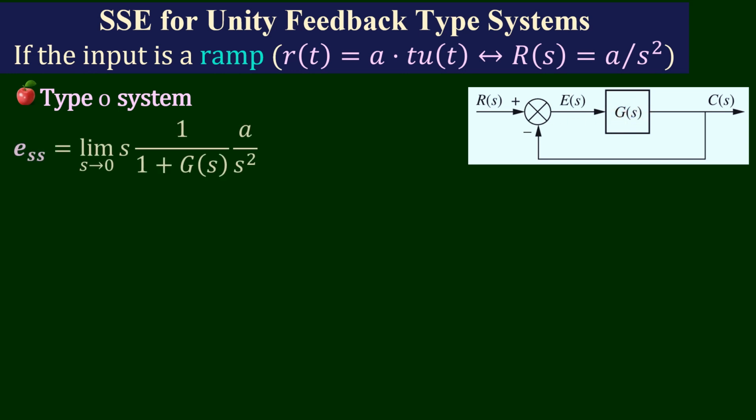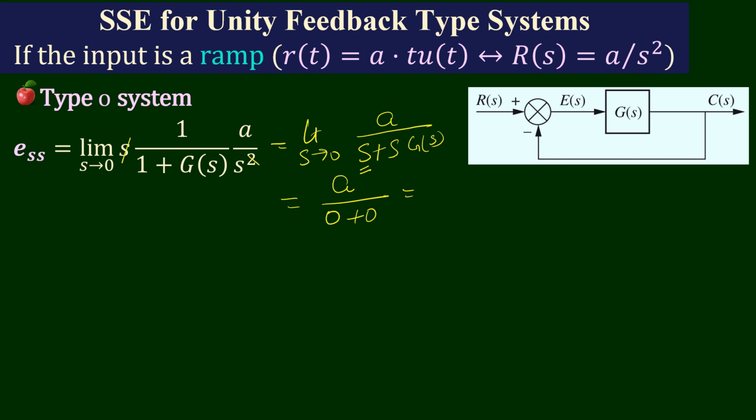So the steady state error equation we can write like this, and here we know that this s we can cancel, and here it will be limit s tends to 0 of A upon s plus s G(s). So if we take the upper limit and lower limit, it will become A, and because this one is 0, this will be 0 plus 0.